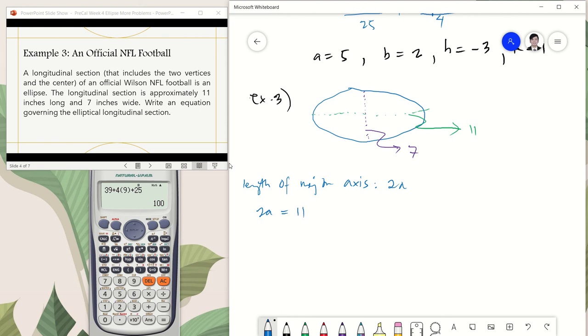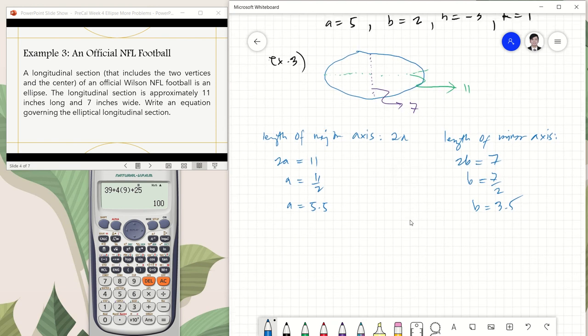Getting a, it's 11 over 2, or 5.5. And the length of our minor axis is 2b, which we're given is 7. So b is equal to 7 halves, or b is equal to 3.5.